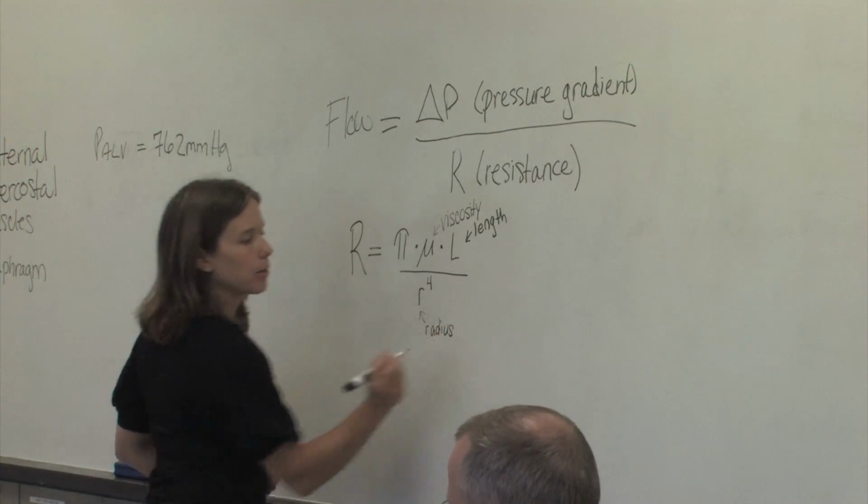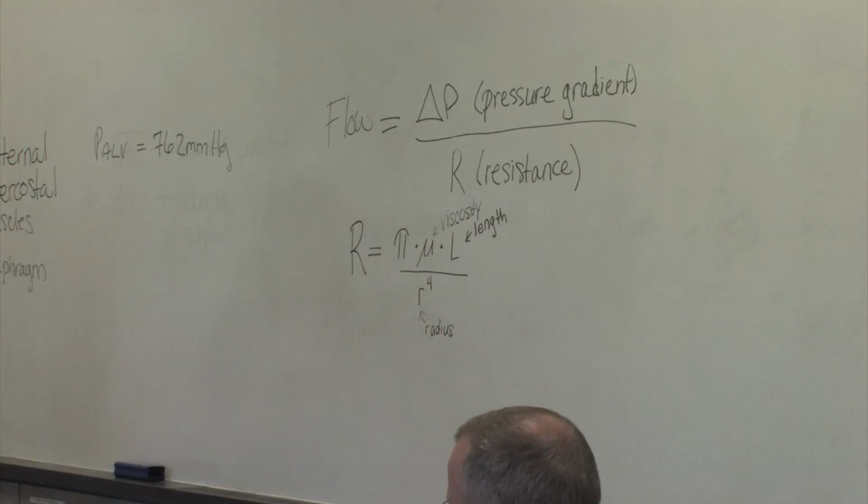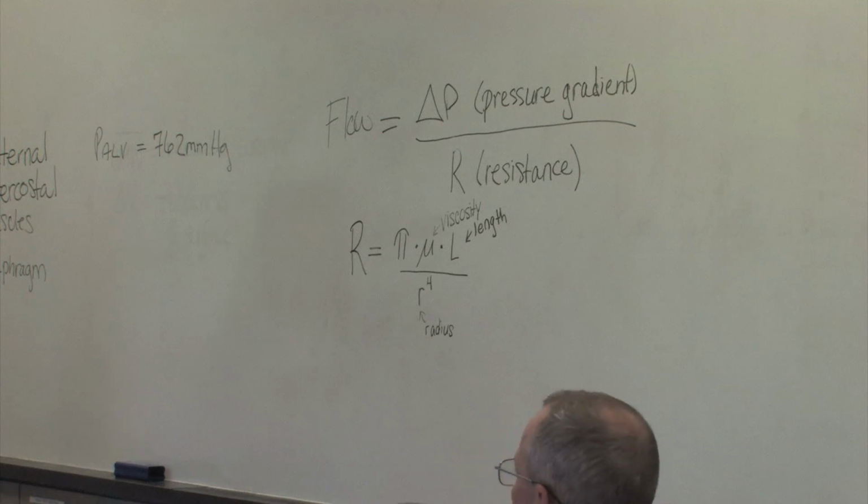Okay. The radius of the structure through which flow is happening. So for today's purposes, we're talking about airways.